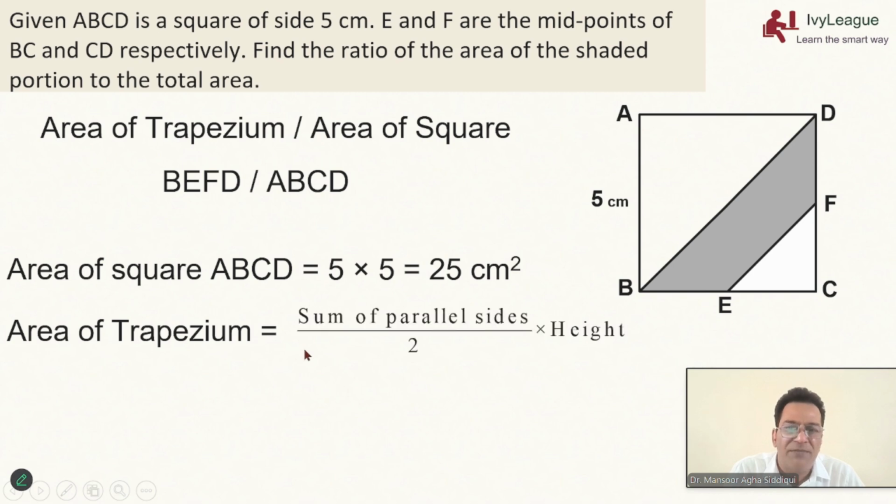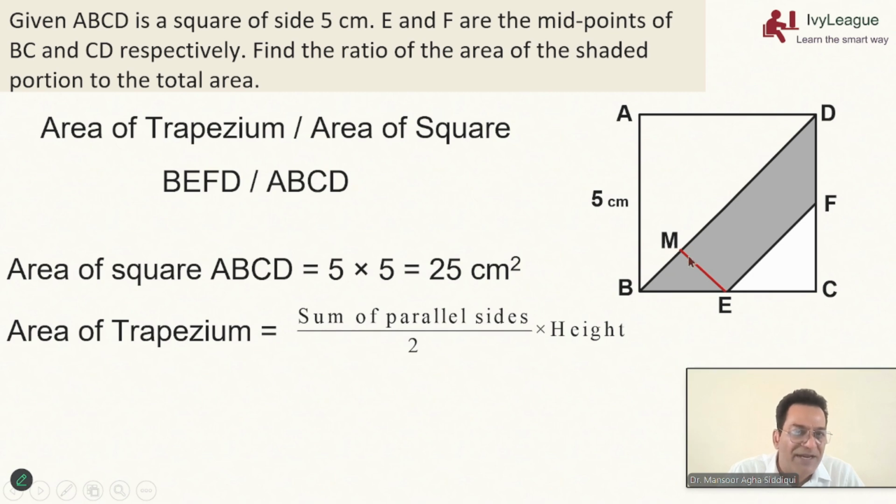Area of the trapezium is equal to sum of parallel sides upon 2 multiplied by height. So even if I have to first of all calculate the distance BD, I have to calculate distance EF, and then I have to calculate what is the height of this trapezium, which is a bigger challenge. So I will have to draw a line ME, which is perpendicular on the line BD.